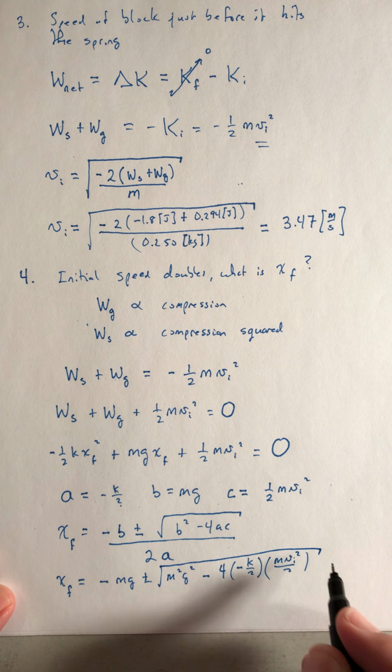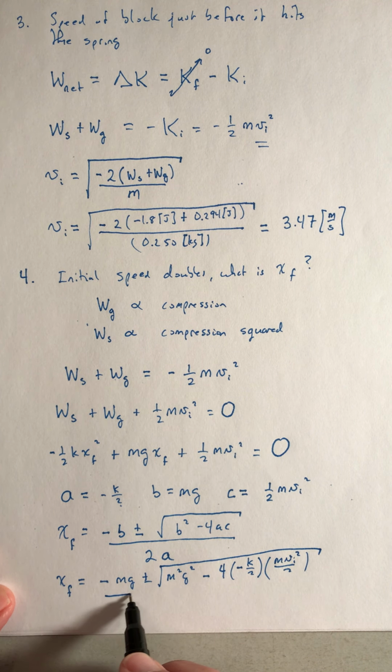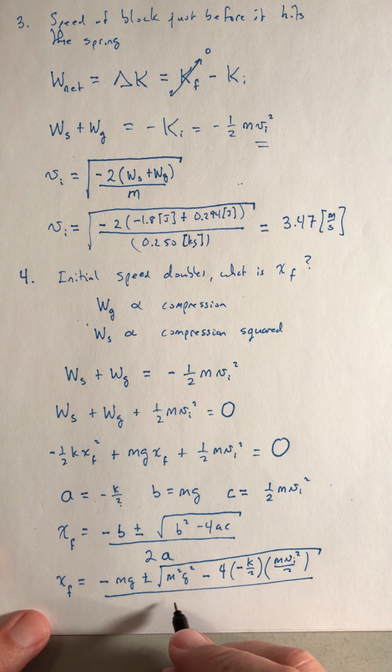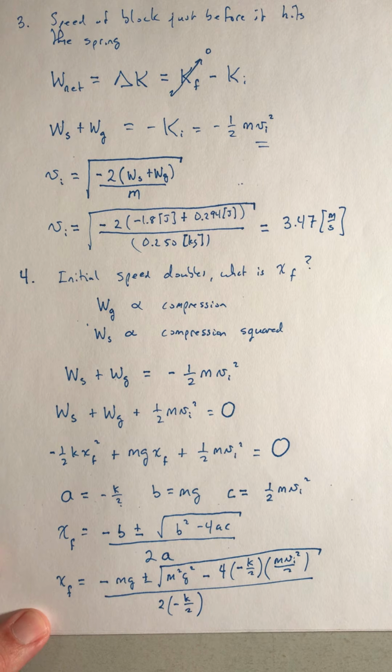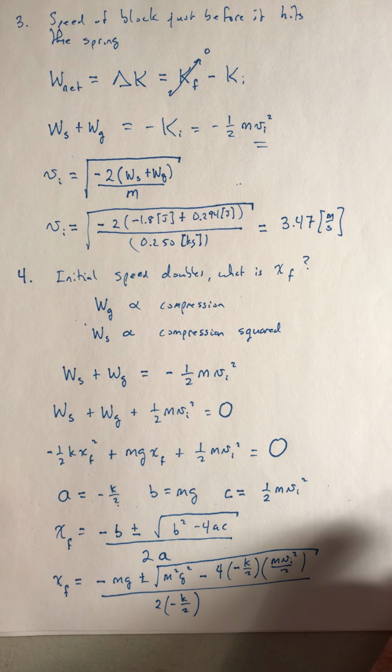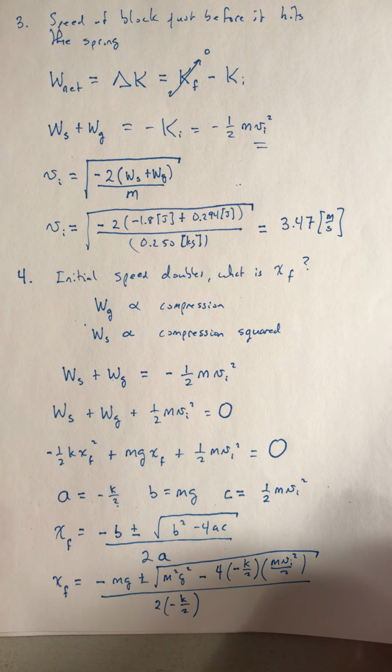All that's under a square root. And then in the denominator, I've got 2 times minus k over 2. So I'm going to get a clean sheet of paper here. I'll clean that up.